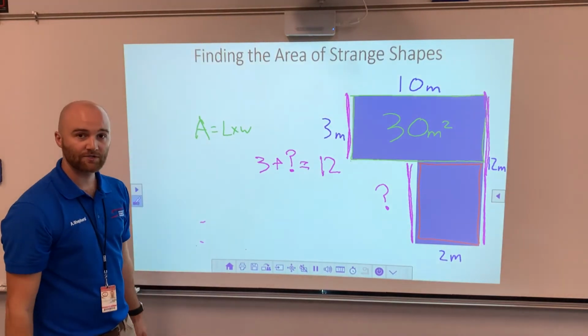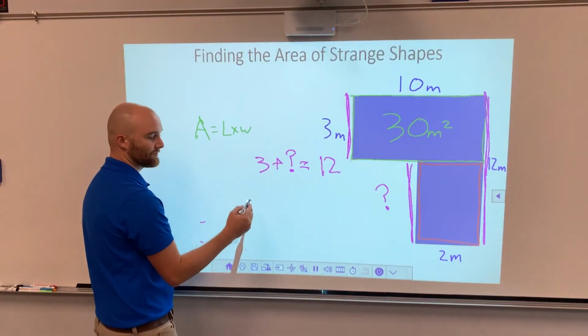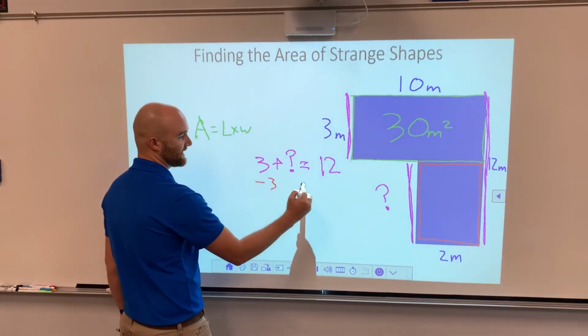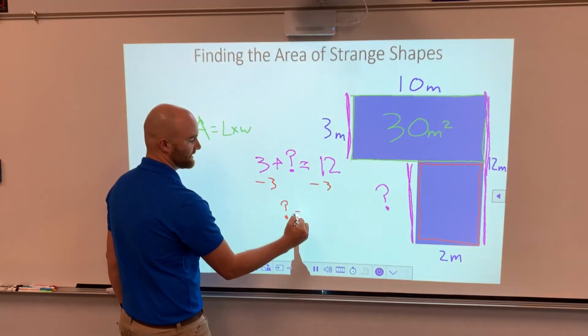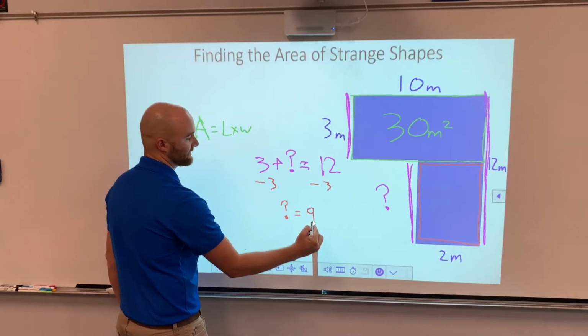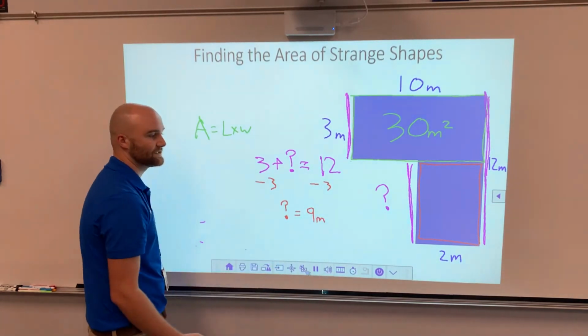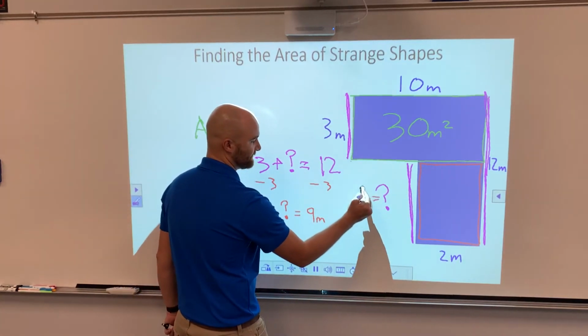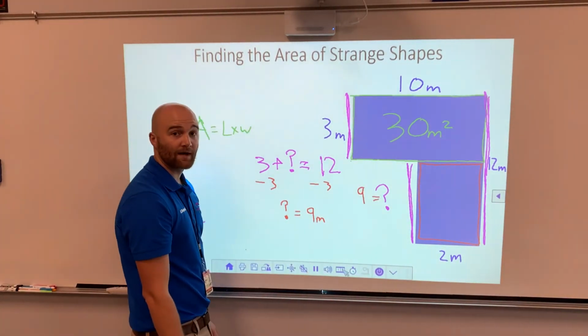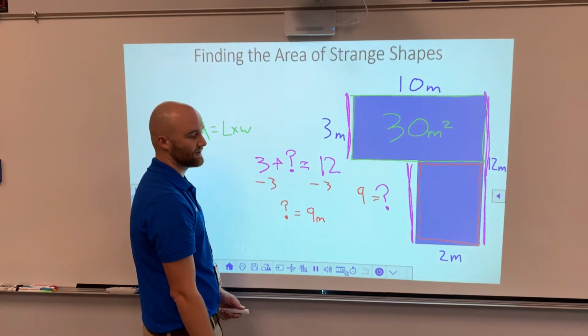Now I can figure out what the question mark is. To figure out what the question mark is, I'll do minus 3 on this side, minus 3 on this side. The question mark is equal to 9. So I know the question mark is 9 meters. Now I can use that information to figure out the area of the red rectangle.